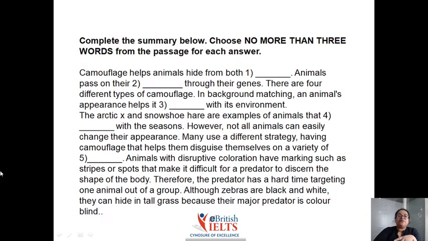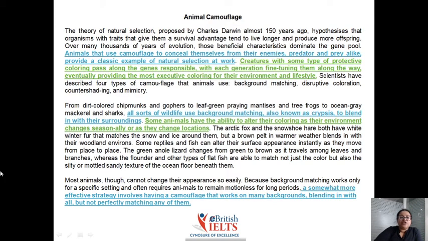Moving on to the second question, it says animals pass on their dash through their genes. So they are passing something on genetically. So this word genes, genetic, something passing on genetically has to be relevant to the location where your answer is at. Now if you look at the location, come to the first paragraph and the lines marked in green.